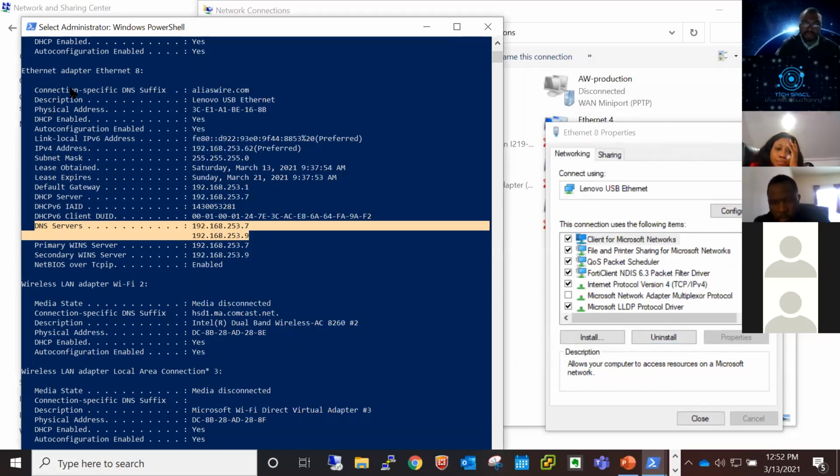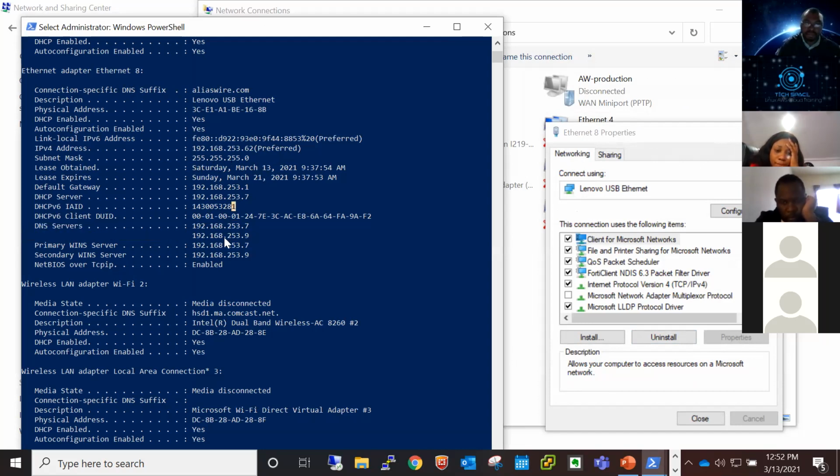So right here, before, let me see if it has changed from dynamic to static. No, I think you got to run the command again. Yeah, okay. You see, guys, here it says DHCP enabled. You see that? If you guys cannot tell me yes, that means I cannot move on.